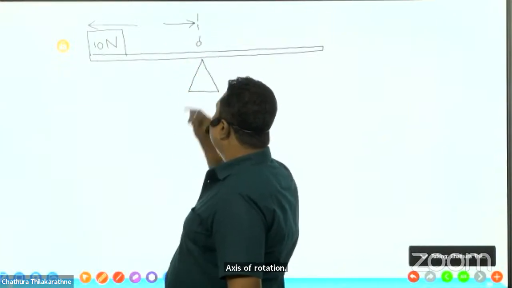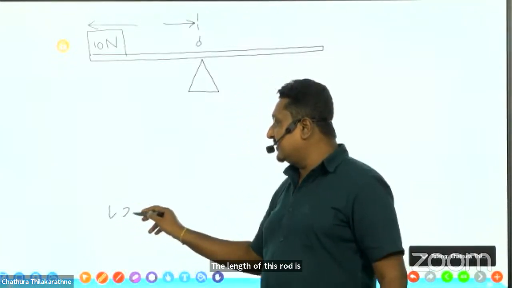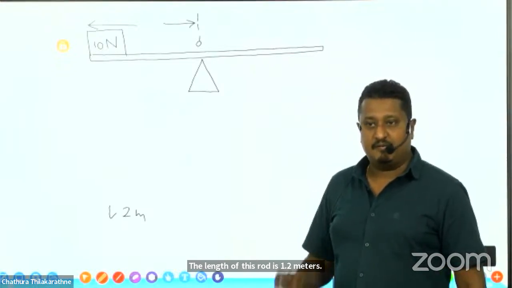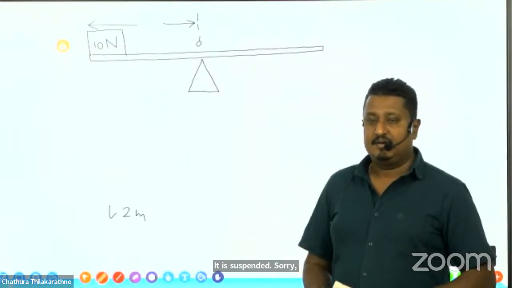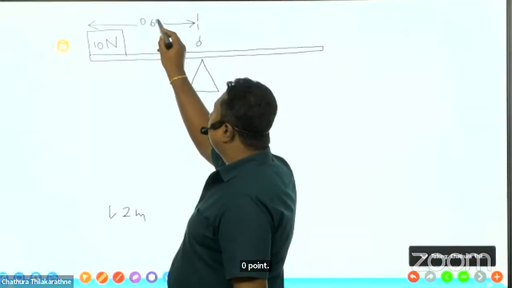Can you guess it? The length of this rod is 1.2 meters. It is pivoted at its center. Then what would this distance be? 0.6. Half of 1.2, 0.6 meters.